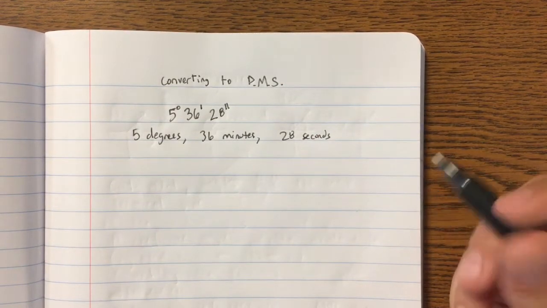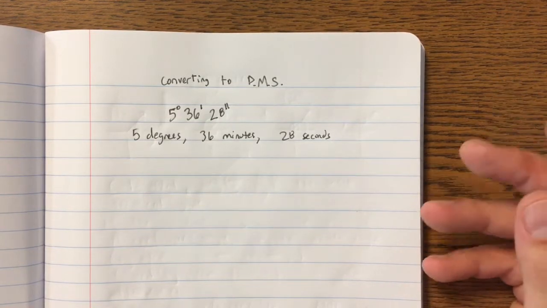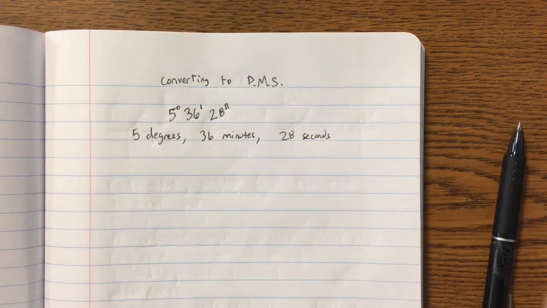Now this has nothing to do with time, by the way. This is not like a degree over time that we're talking about. Really what we're going to do is divide up a single degree into even smaller chunks. So how small is just 1 degree? It's pretty small, right? You have 360 in 1 full revolution. If I just wanted 1 degree, it would look even smaller than this.